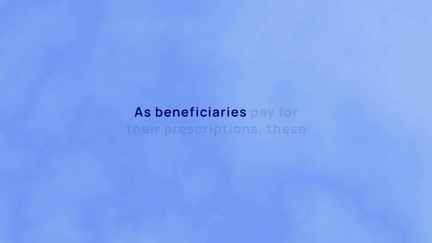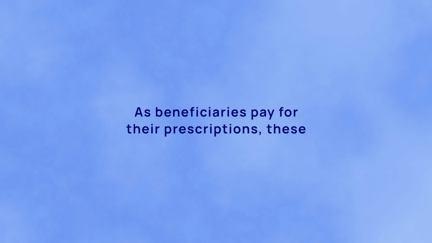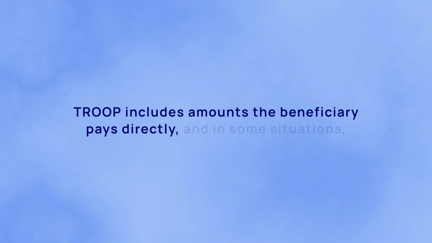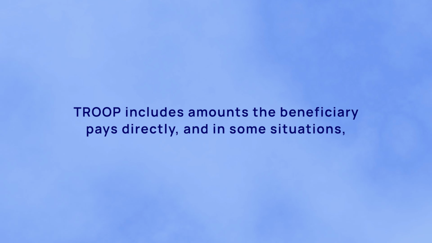As beneficiaries pay for their prescriptions, these out-of-pocket expenses accumulate toward the annual out-of-pocket threshold, known as true out-of-pocket costs, or TROOP. TROOP includes amounts the beneficiary pays directly, and in some situations, certain payments made by others may also count toward this threshold.